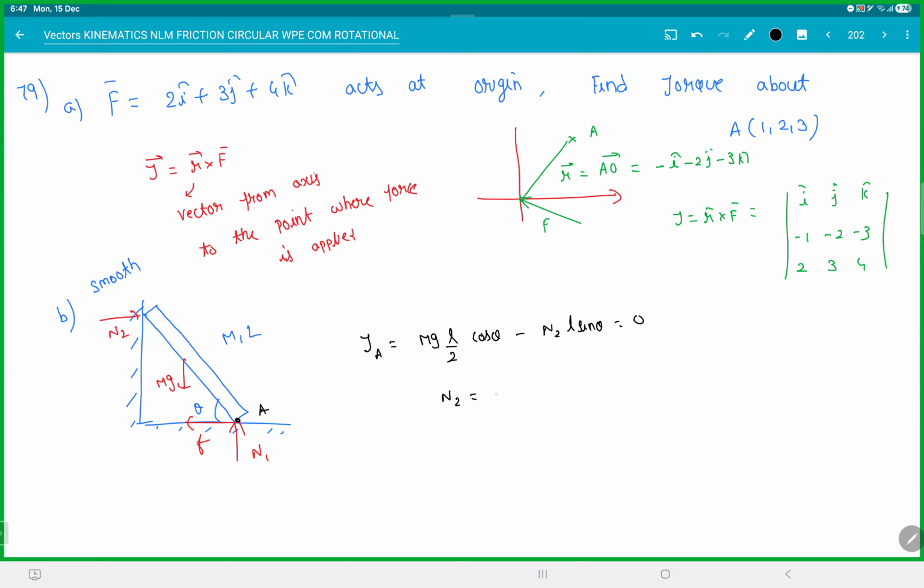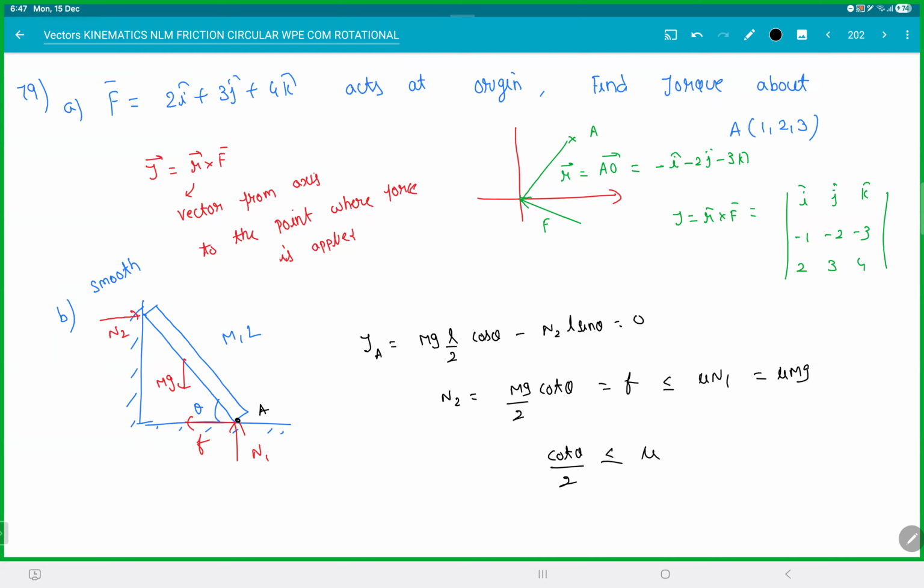We will get N2 is equal to mg by 2 cot theta, and N2 is equal to friction, and friction is less than or equal to mu N1, but N1 is nothing but mg. So mu must be greater than or equal to cot theta by 2. If the friction is less than this, the rod will slip. Clear with this?